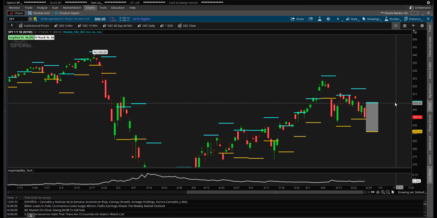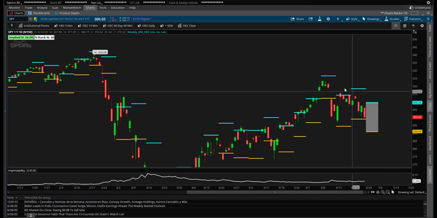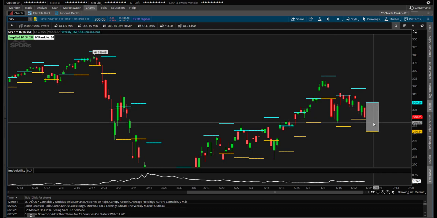All right. If we just round that up and say 310, we've got a $30 expected move here. $15 higher, $15 lower. You know it could move inside of this range, even peak out a little bit from the top or the bottom and still close inside there 70% of the time.